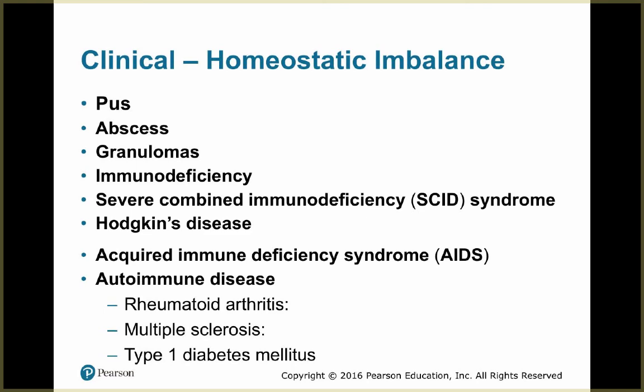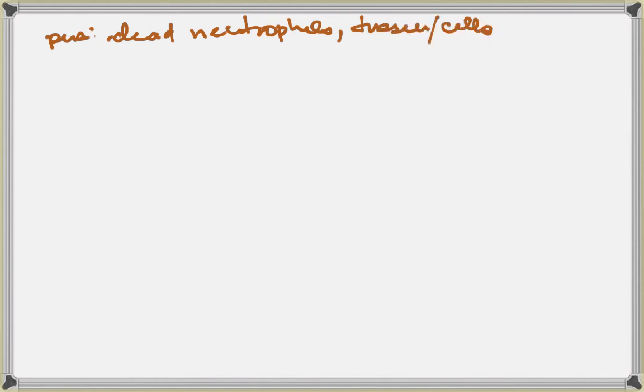And so pus, what is pus? Basically, pus is just that yellow mixture of dead neutrophils, tissues, and cells, and either living or dead pathogens.